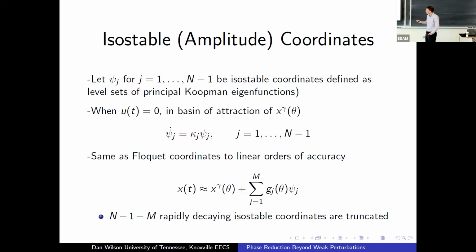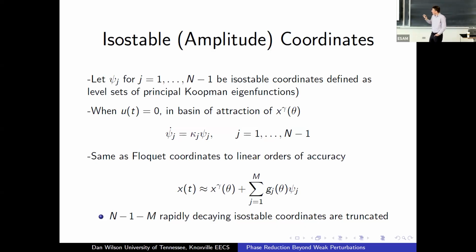But what's nice about isostable coordinates is I can extend this beyond the linear regime to the nonlinear basin of attraction. But nonetheless, if I want to think about my state as a function of time, it's just going to be wherever I am on the periodic orbit, plus a linear combination of Floquet eigenfunctions multiplied by my isostable coordinates. Again, I can do this expansion to higher orders, but to linear order of accuracy, this is what I get.